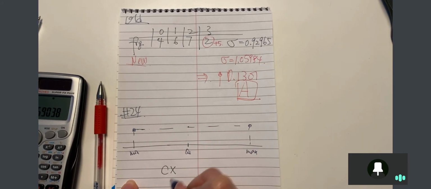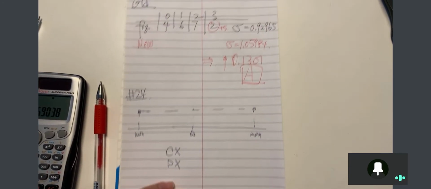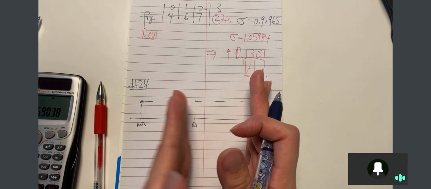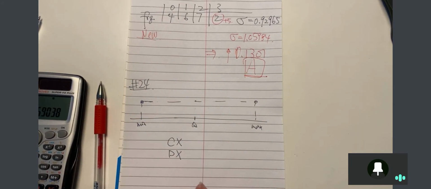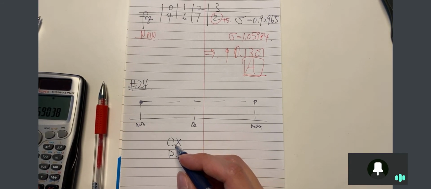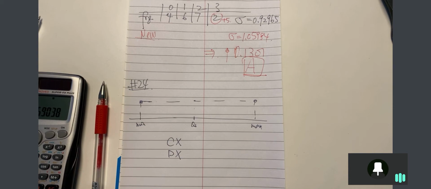Therefore, option C and option D are not correct, because in one the Q2 is close to the maximum, and in the other the Q2 is close to the minimum. Then what is the difference? You closely look into option A and option B.